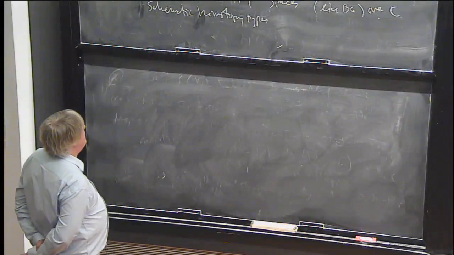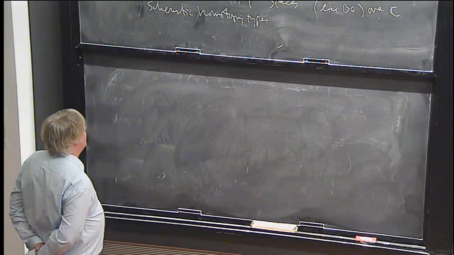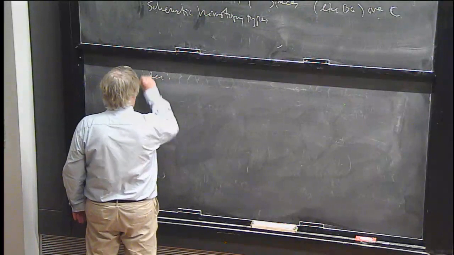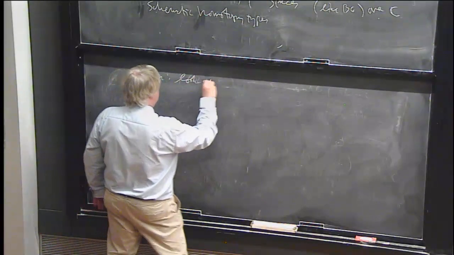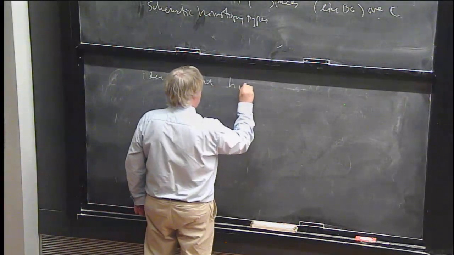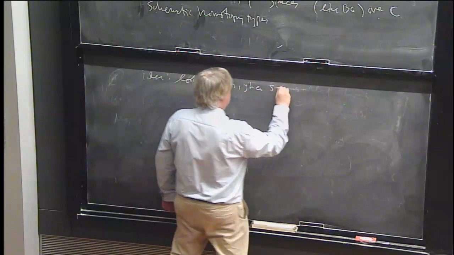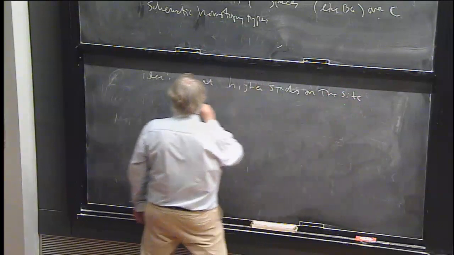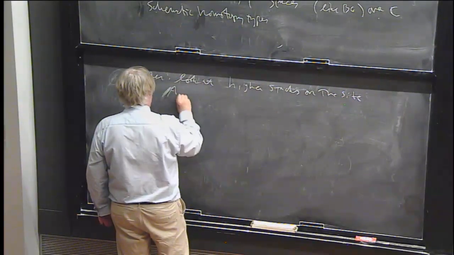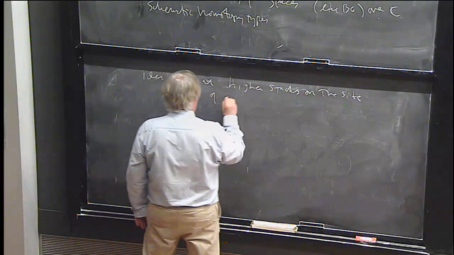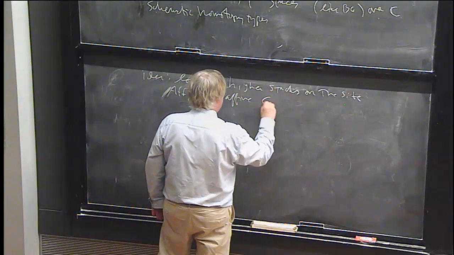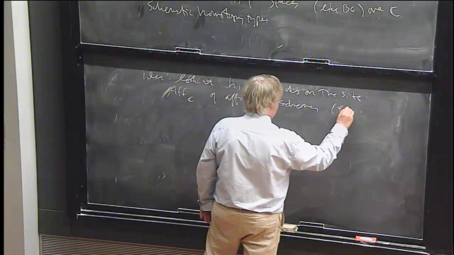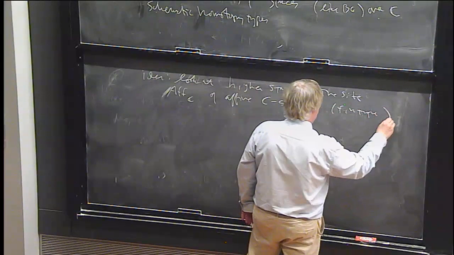So we'd like to have a theory of spaces over C, which is to say some kind of schematic homotopy types. And the idea is just to look at, let's say, higher stacks on the site AF C of affine C schemes, let's say of finite type or something like that.